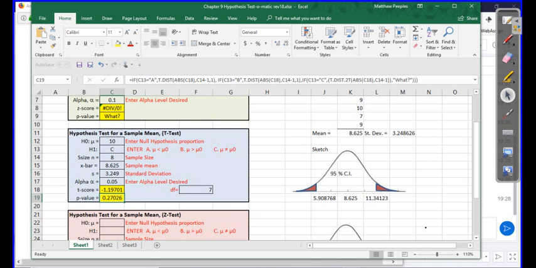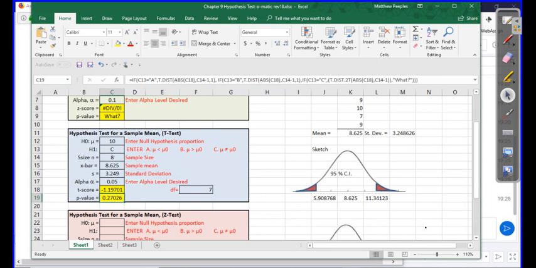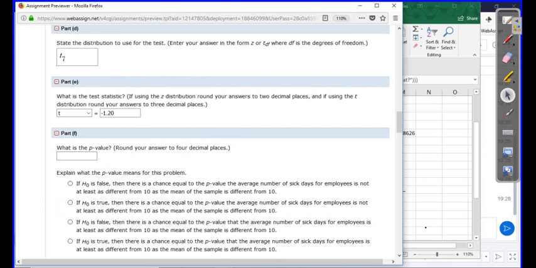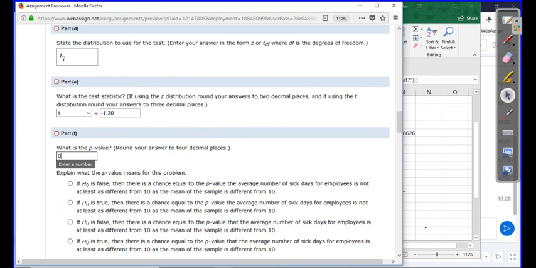So our p-value is 0.27026, but we want 4 decimal places, so 0.2703 is what I'll choose right here.